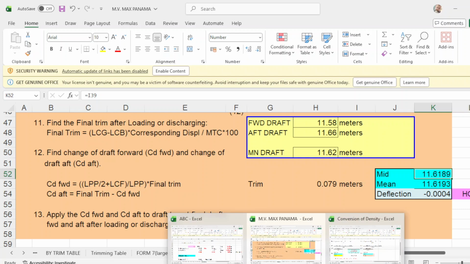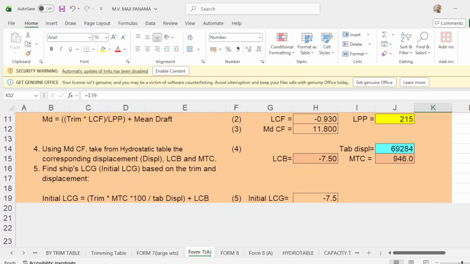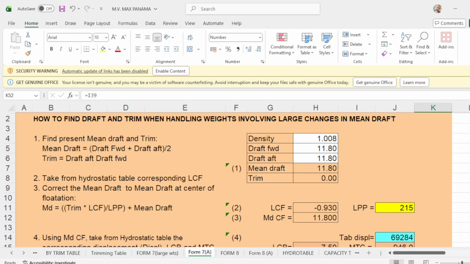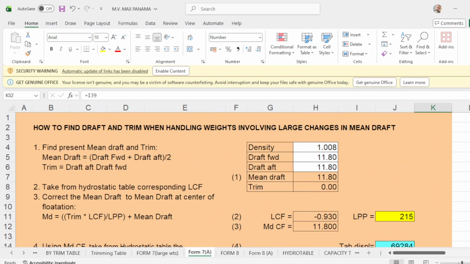So that's it, guys. I hope you get an idea of how it is going from one density to another density. So from density 1.018 going to salt water, you will have a mean drop of 11.619 from a mean drop of 11.80.